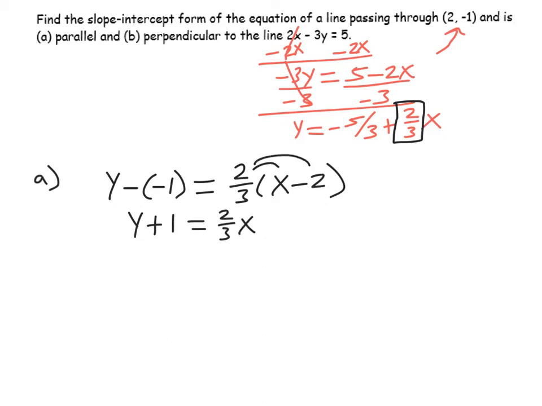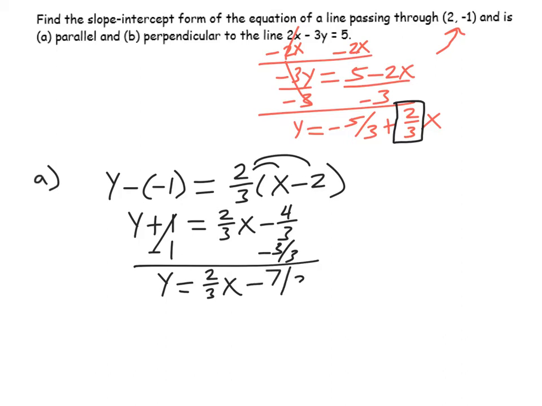Getting rid of my parentheses, which I believe this will give me minus 4/3. Subtract 1. I got y all by itself. There's my slope. Again, that's the same at 2/3. Different y-intercept here. Looks like it's going to be -7/3. Okay? So again, that line that we just found, here's what I know about it. Two things. It is parallel to the one that was given, and it goes through the point (2, -1).